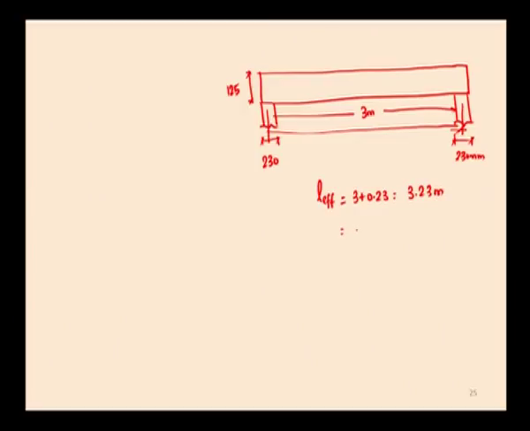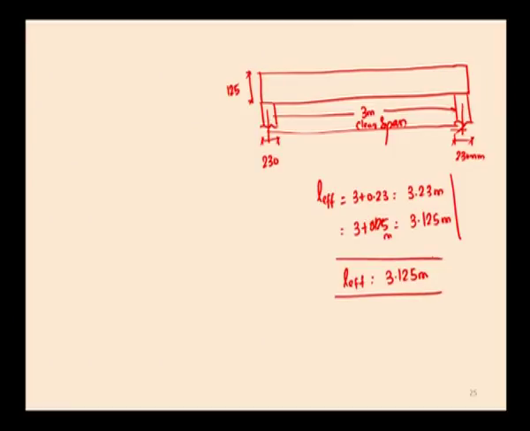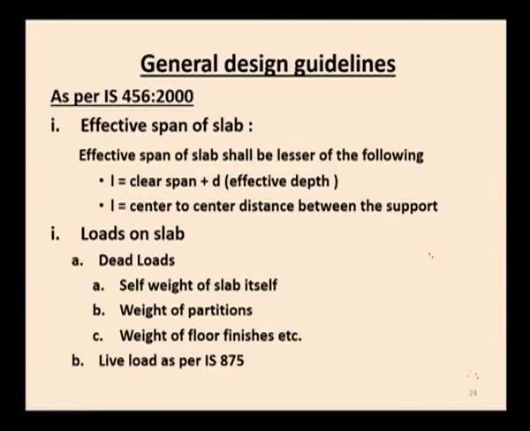And another one is the clear span, that is 3 meter, plus the effective depth of the slab, that is 0.125 meter, that is 3.125 meter. From this, LEF should be adopted as 3.125 meter. The lesser value has to be selected as the effective span of the slab.